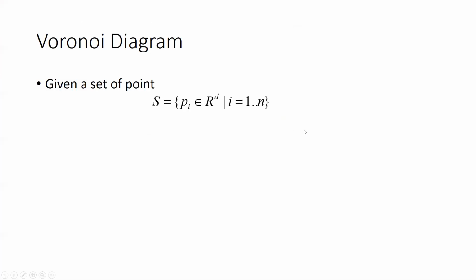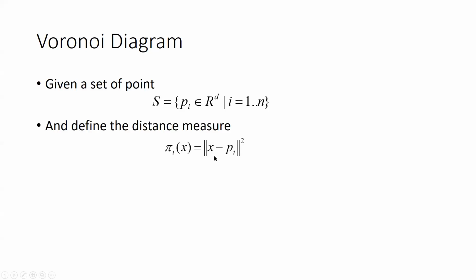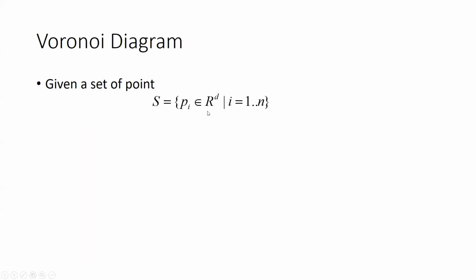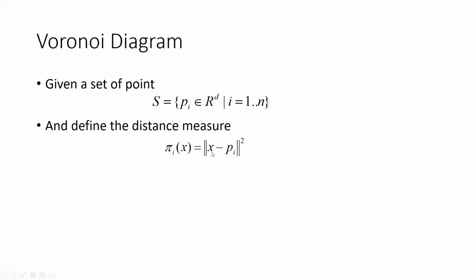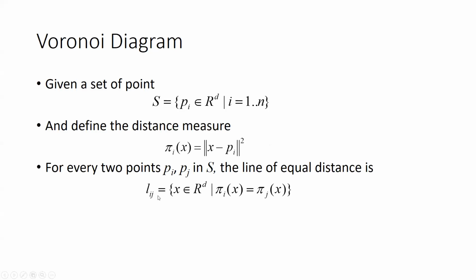Okay. So given a finite set of points in the space, I define the distance measure, which is our normal distance measure. So for all these points, let's say n points, for each of the n points, I define a distance measure, which is the normal Euclidean distance. And I want to find the lines of equal distance to both.